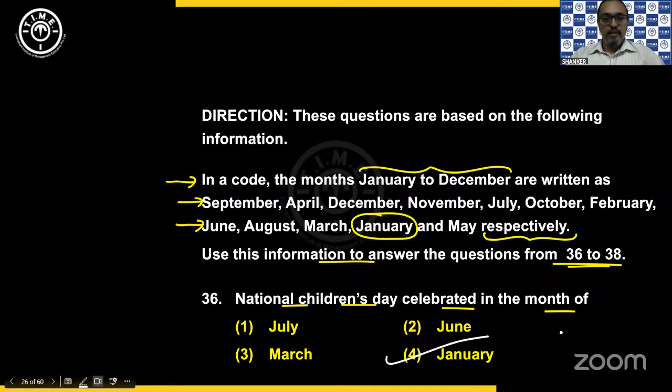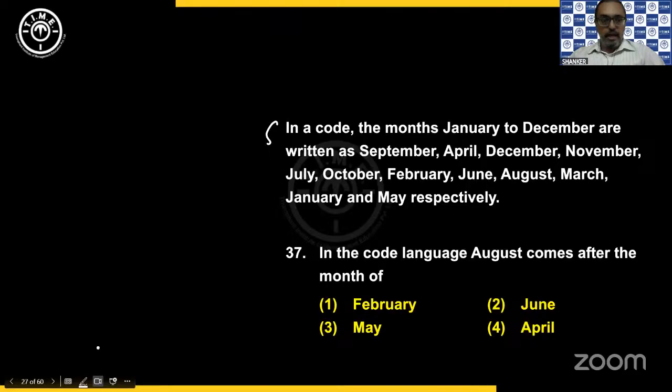Yes. Now similar codes we have respectively, he says. Now in the code language, August comes after the month of, he says. So August comes after the month of what?